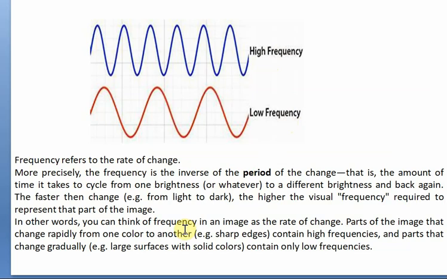Now tell me, what is a low pass filter? A low pass filter is a filter which allows only low frequencies and attenuates high frequencies in an image. So what is our expectation? It allows only low frequencies, meaning small variations in the intensities.